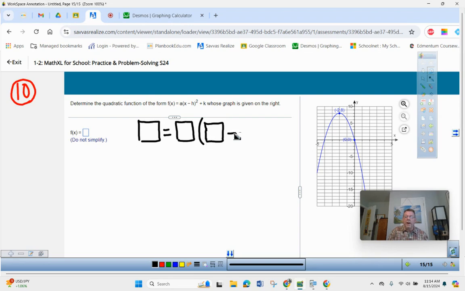Now, what we hope happens is every box gets filled in except for one. And then we can use our amazing algebra skills to figure out what that one variable is. Because when there's more than one variable, we can't really use our equation solving skills. We can graph, but we can't really solve an equation.